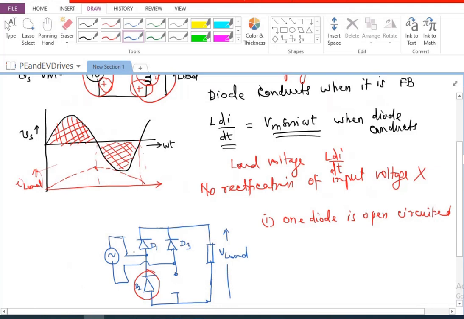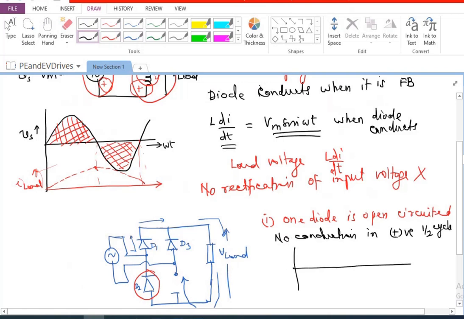When the positive half cycle commences, you are going to have the current trying to flow like this, through this, and it is supposed to return through this. And there is no device existing here. It is an open circuit. So no conduction in the positive half cycle. We will not have any conduction in the positive half cycle.